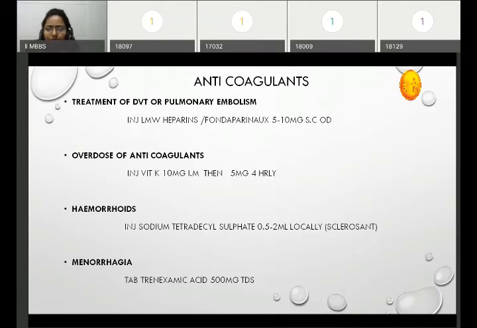Sodium citrate. Direct thrombin inhibitors. Example of direct thrombin inhibitors. Okay, right, you are right.